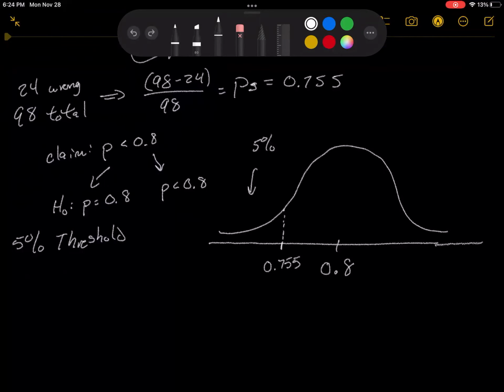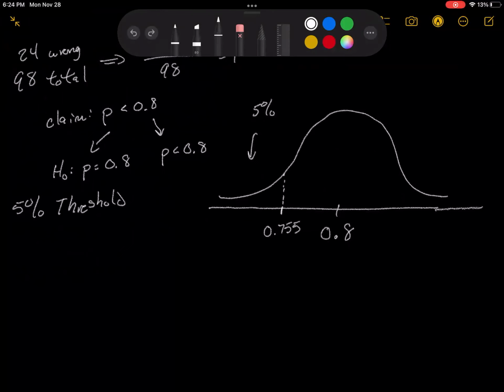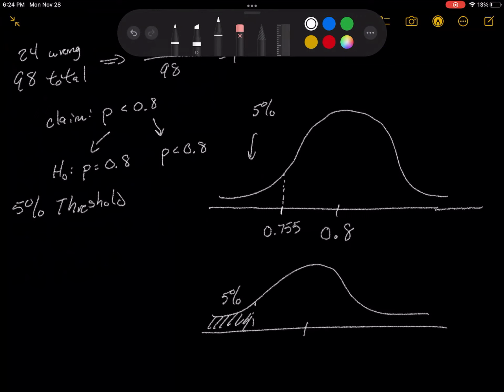So if I do that, let's look at that picture. What is the z-score that has 5% in the tail? If I've got 5% in that tail, then by symmetry, I also have 5% in this tail, which means that I have 90% in the middle. So this z-score right there has 95% of the area to the left of it.